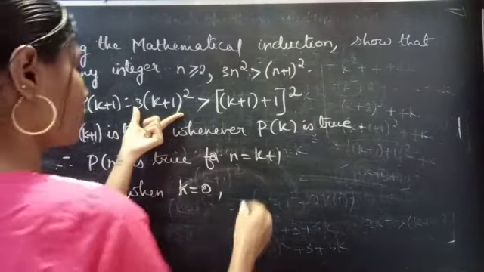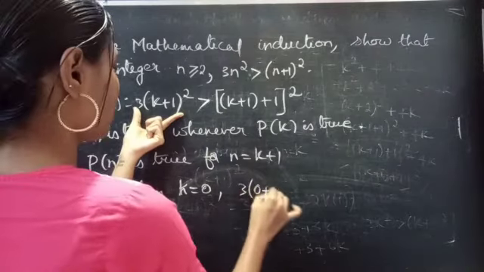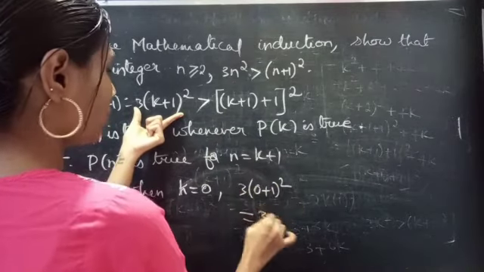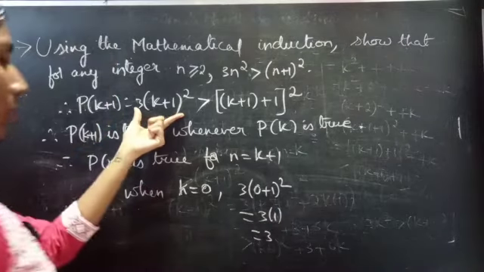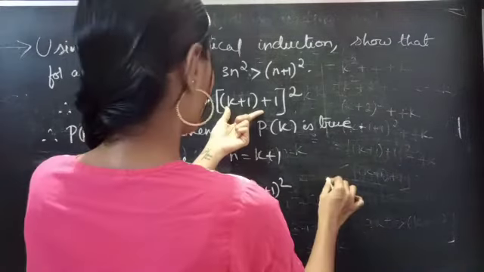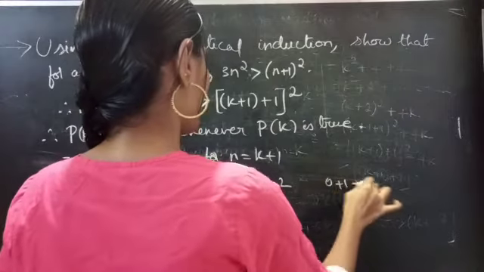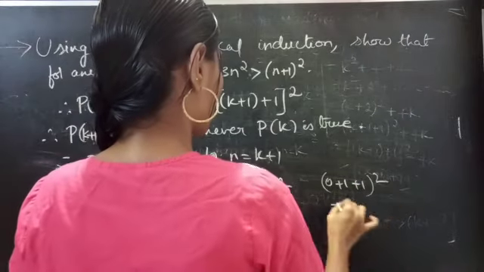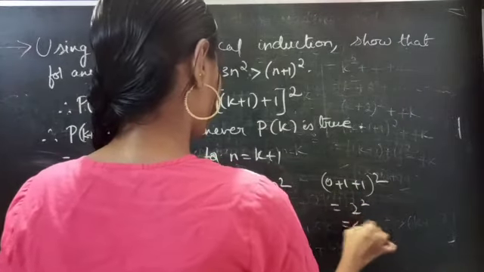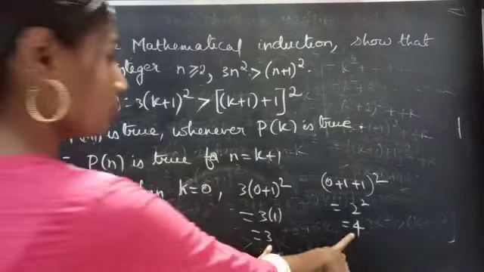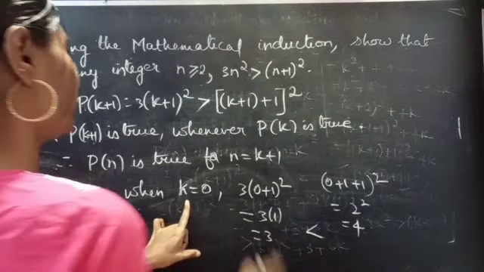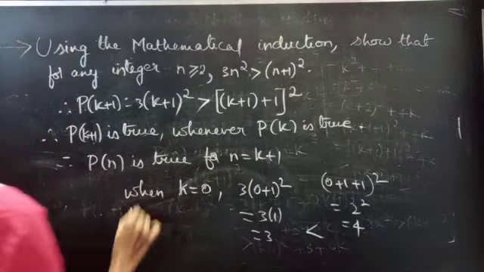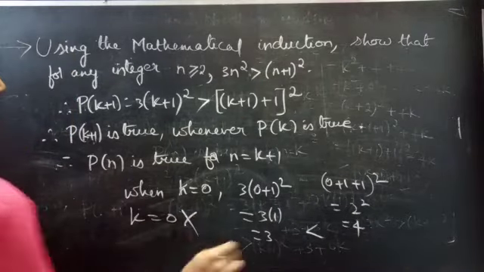I'll take LHS part. 3 into 0 plus 1 whole square equals to 3 into 1 equals to 3. When k equals to 0 in the RHS, 0 plus 1 plus 1 whole square equals to 2 square equals to 4. Is 3 greater than 4? No, 3 is less than 4, right? So this is not possible when k is equals to 0, right?